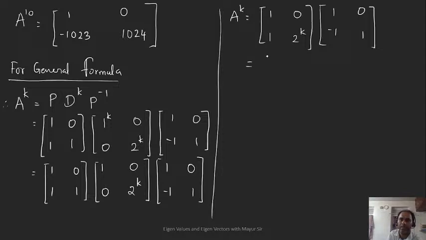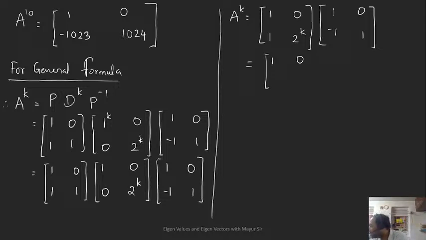So here it is 1, then there is 0, here it is 1, 0, 1.